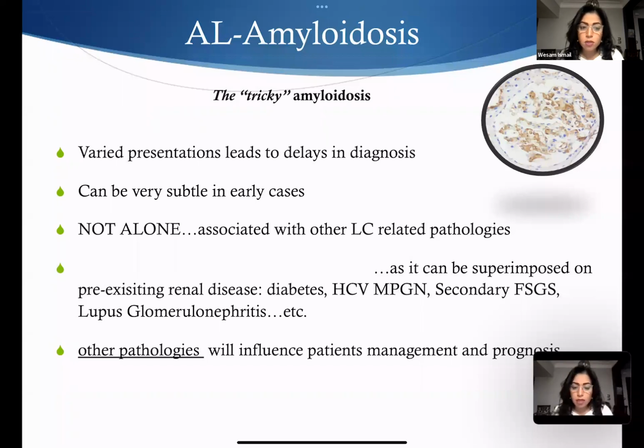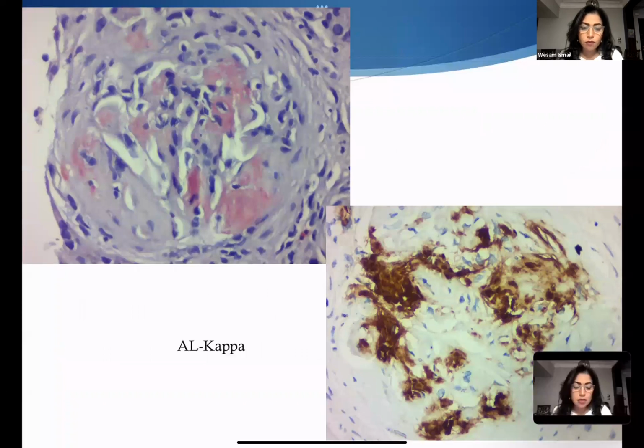It can be superimposed on a pre-existing renal disease. So you can have diabetic kidney disease, HCV-related MPGN, secondary FSGS in patients with lupus, etc. And these other pathologies are always important, because this is also going to influence patients' management and prognosis. As you can see in the next slide, this is an example from a diabetic patient who had diabetic kidney disease.